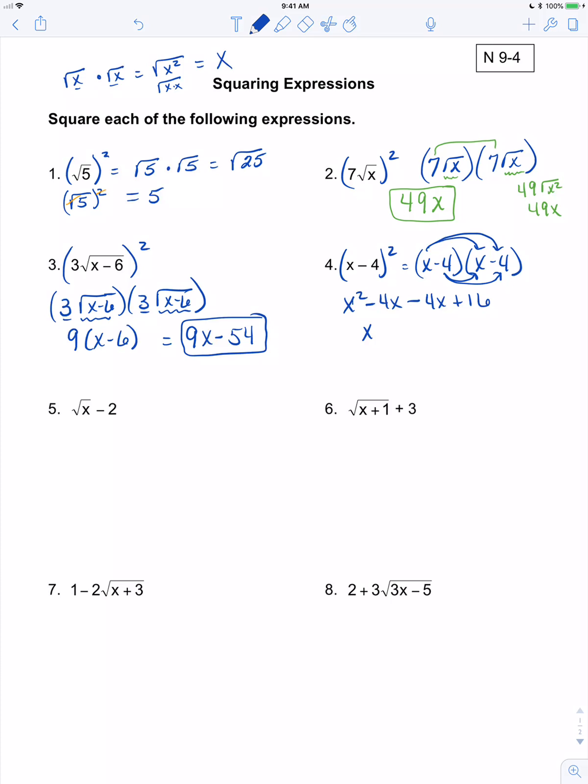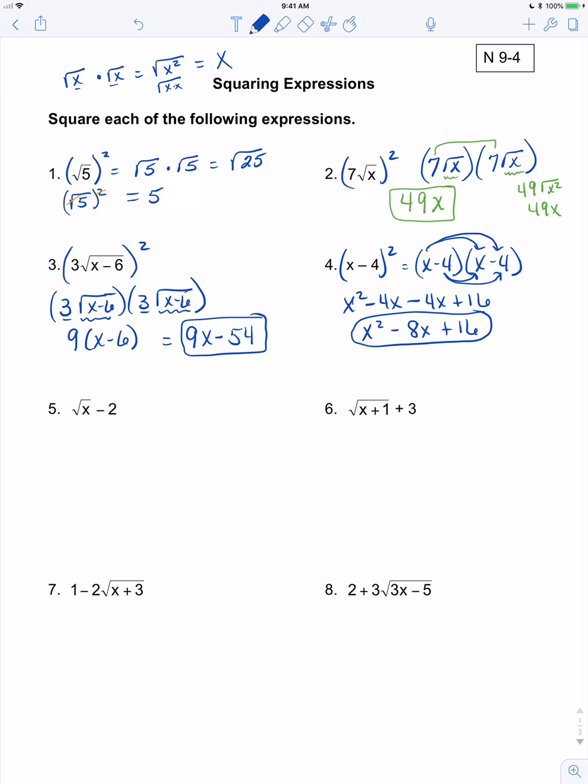So just remember that square method, and then you combine those like terms. Remember, when we add those x's together, they just stay as an x. They don't become an x squared. That's going to be very helpful when we start doing these radicals again.